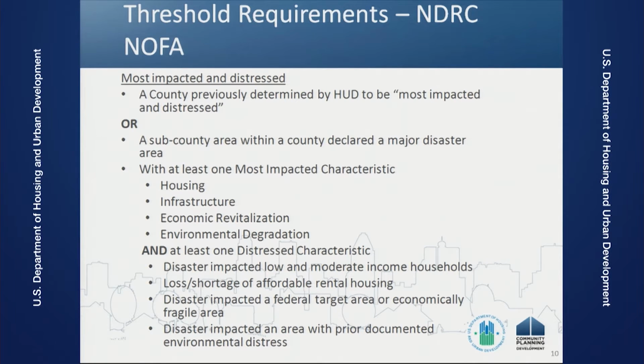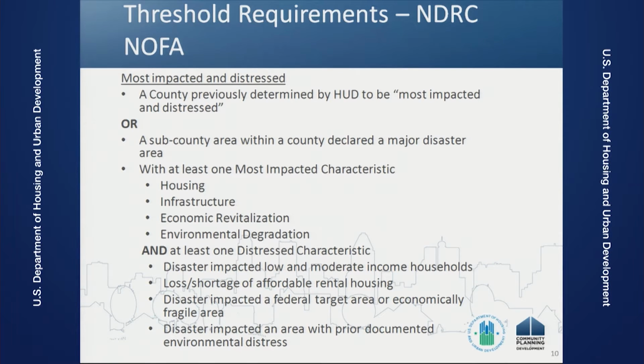There are also four types of distressed characteristics, which research and experience have indicated result in greater disaster impact and more costly and difficult recovery and revitalization when they exist prior to a disaster. These distressed characteristics are characteristics that would have existed prior to a qualifying disaster.